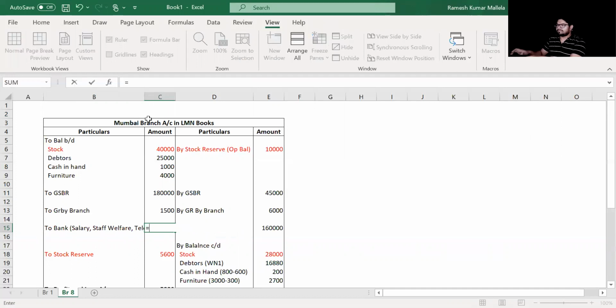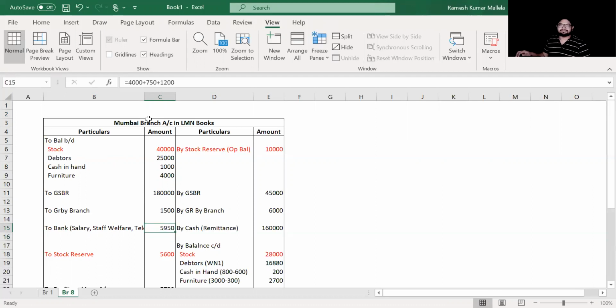Please see the values: 4,000 rupees plus 750 rupees plus 1,200. All put together, 5,950. What else do we have here? I think there are no other items.